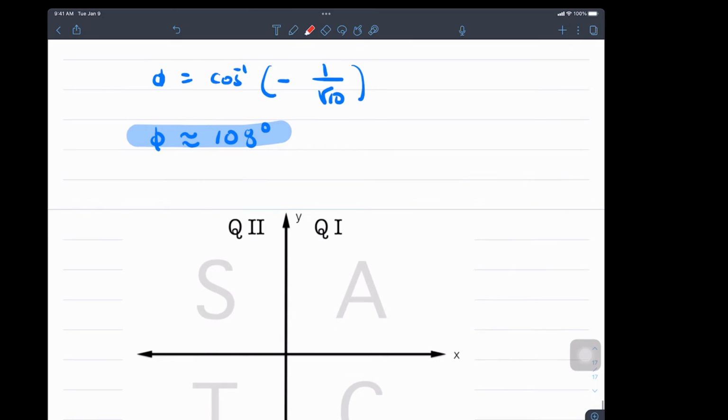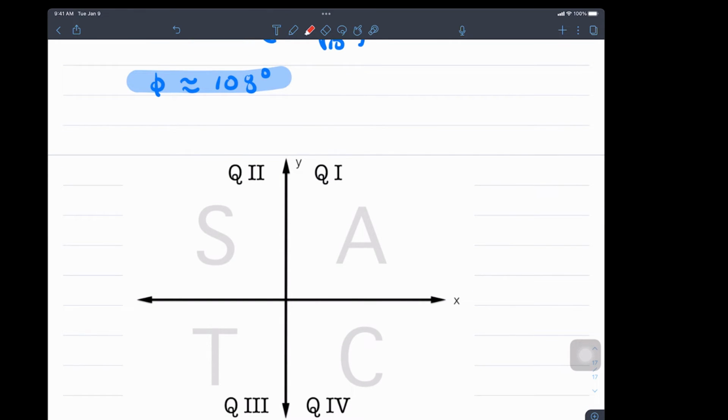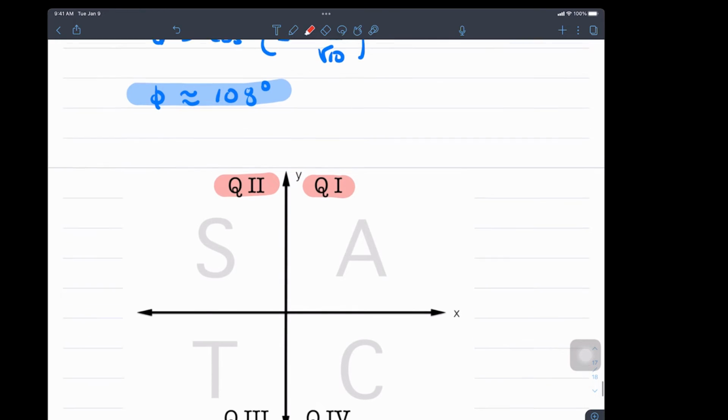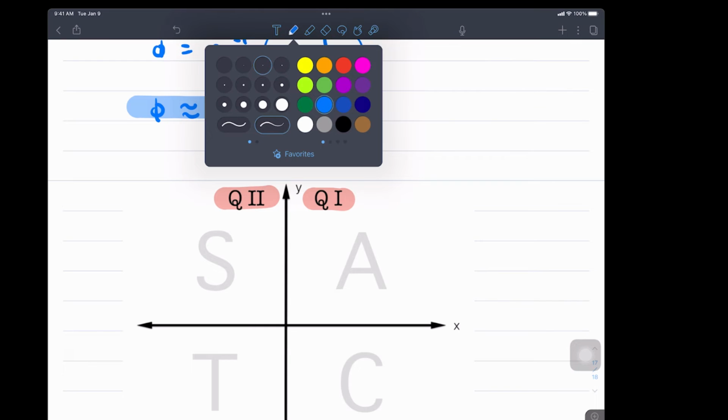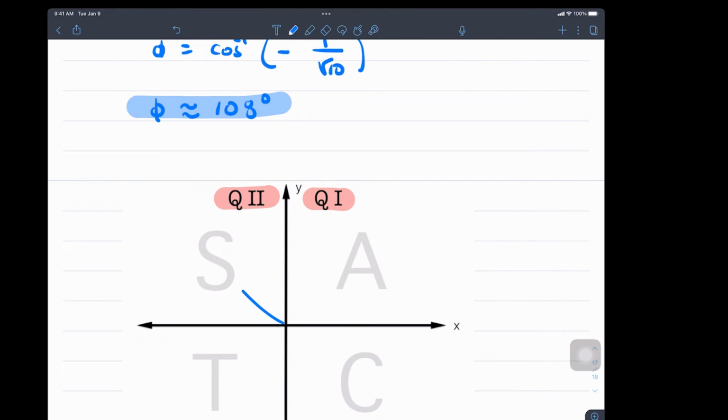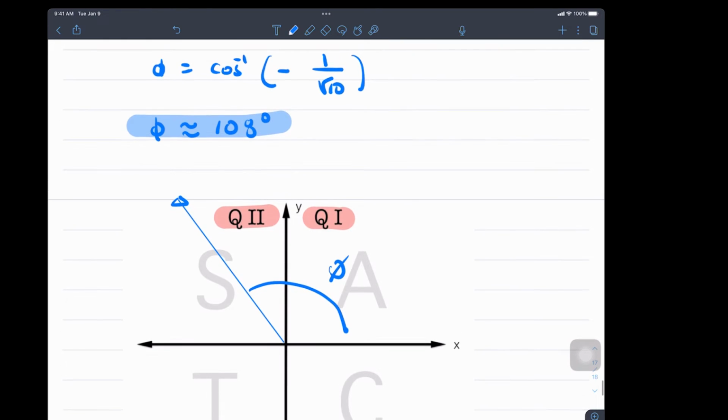So where is sine positive? Quadrant 1, quadrant 2. Sine is positive in those two quadrants. You guys okay with that? So does it make sense that phi is 108 degrees? Yes. This is going to be where phi is, because that's 108. So that makes a lot of sense.